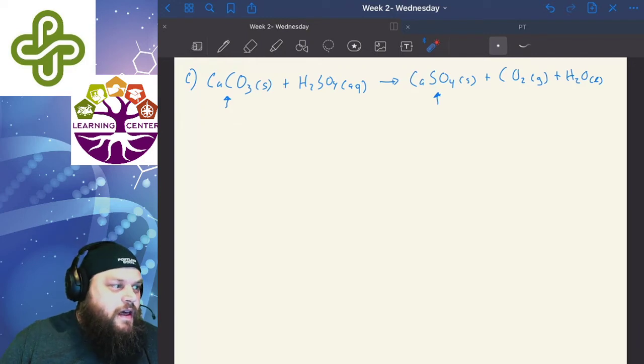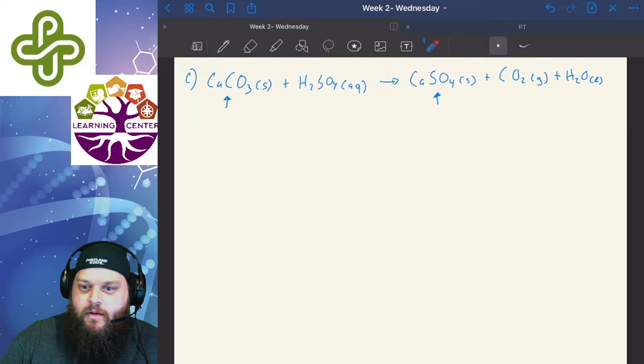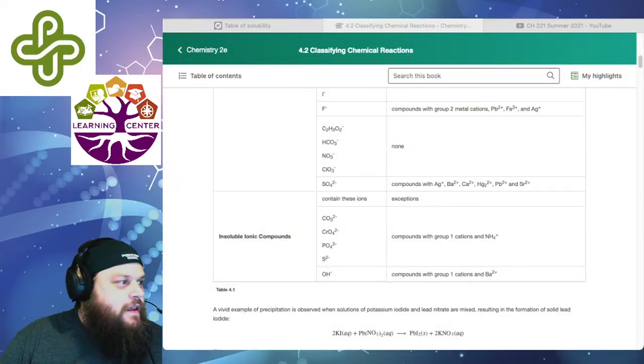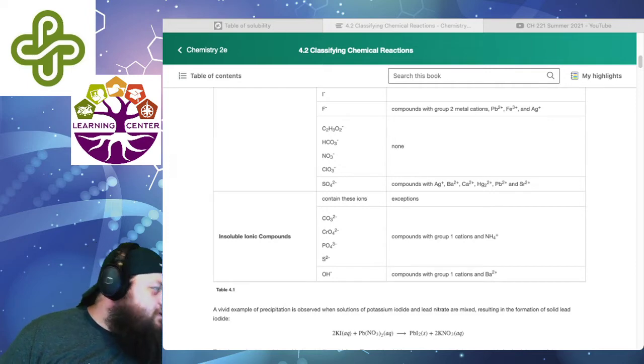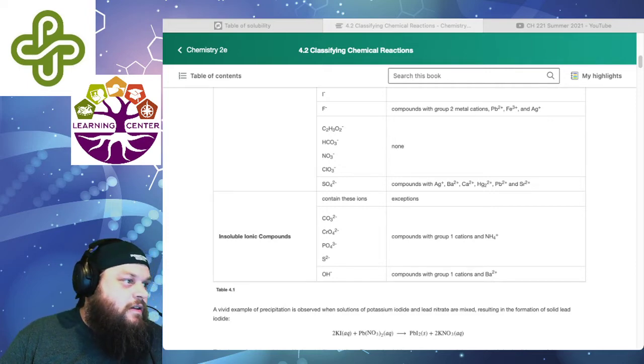But one thing that would concern me a little bit, if I scroll down a little bit, the insoluble compounds here, you see carbonate. Carbonate is insoluble with the exception of group 1 cations or ammonium. Well, calcium is a group 2 cation, not a group 1.